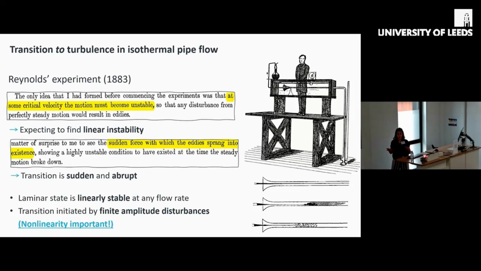Yet we observe turbulence in applications or in reality. So the implication of this, or one of the things that needs to be taken into account, is that nonlinearity is important in this problem. So the transition must be initiated by finite amplitude disturbances.